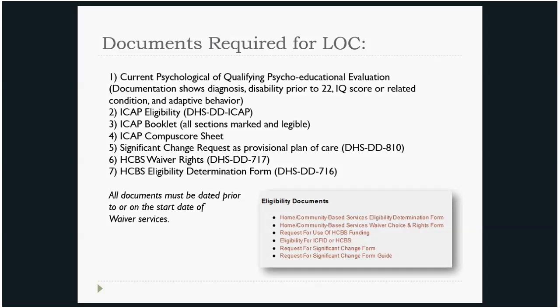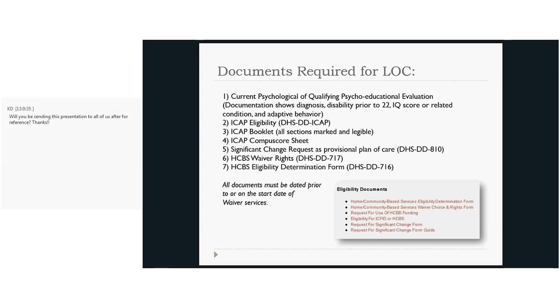And then here is a snippet of yesterday, how it looked on the website. And like I said, we updated a couple additional forms. So that's what is out there now. Right here, it says all documents must be dated prior to or on the start date of waiver services. This is important, like I said, in the example with the DICT piece, because let's say we get the 717 form and then the person didn't sign it in advance of them starting.